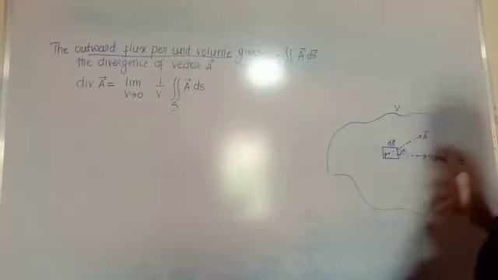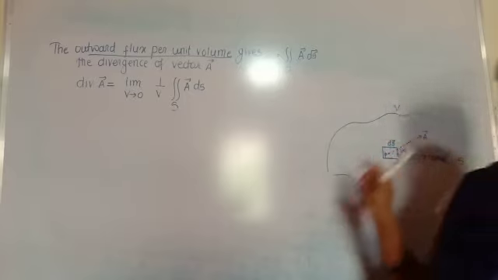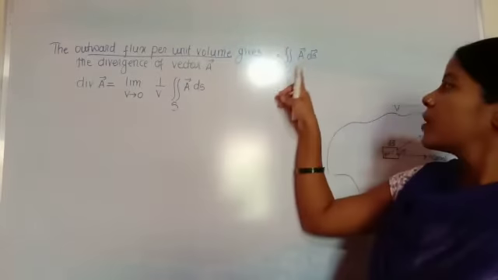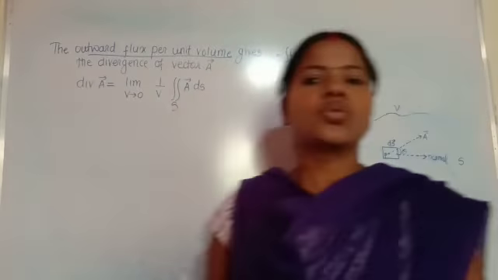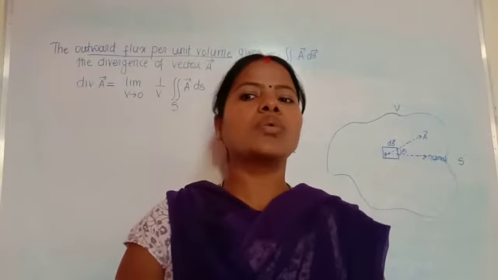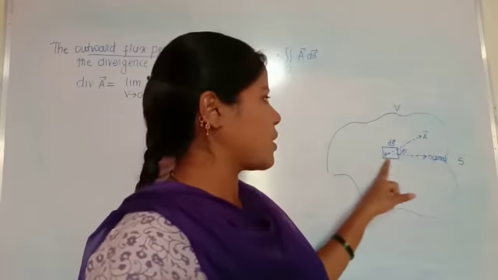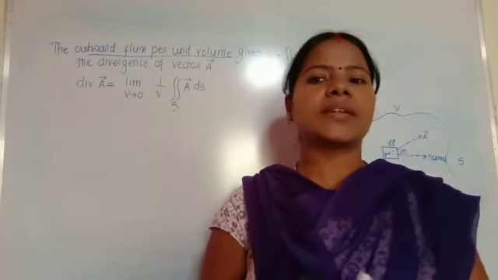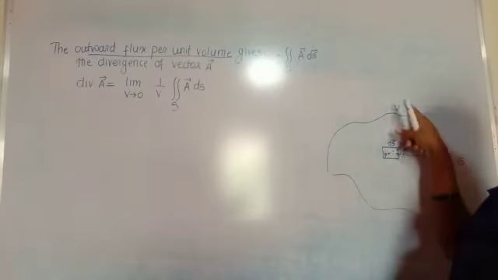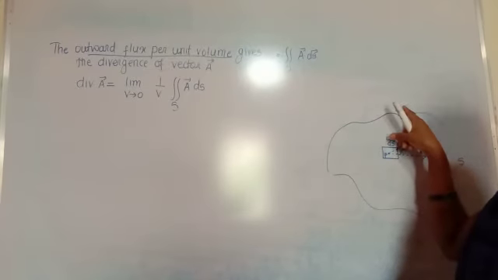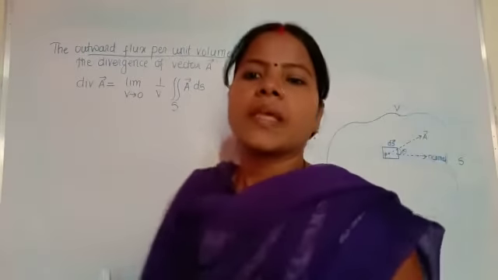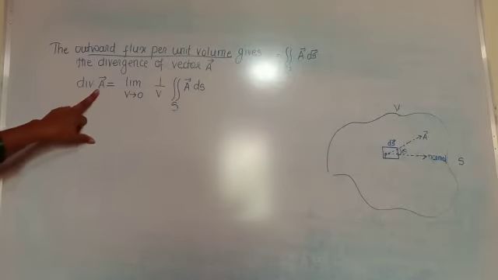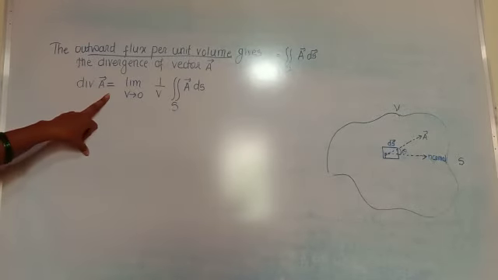This is the closed surface of surface area A and volume V. That means the divergence of the vector field at a point is equal to the flux per unit volume through a closed surface drawn around the point P, as the volume enclosed by the surface approaches 0.